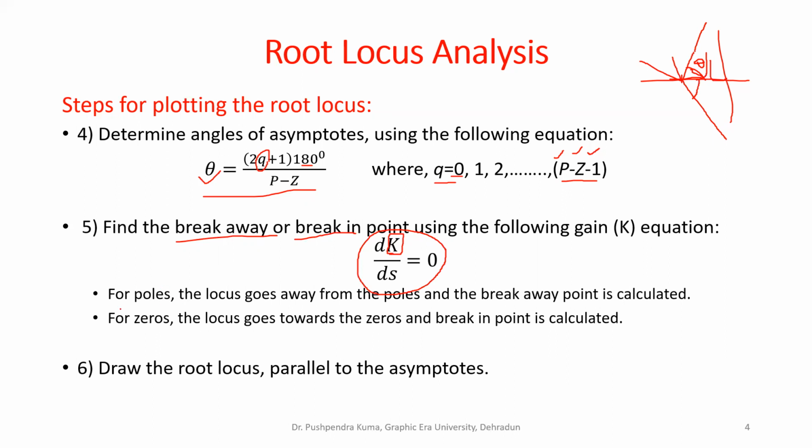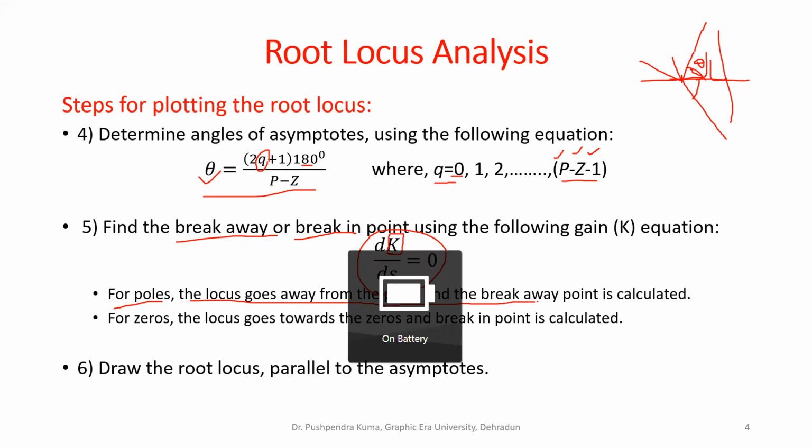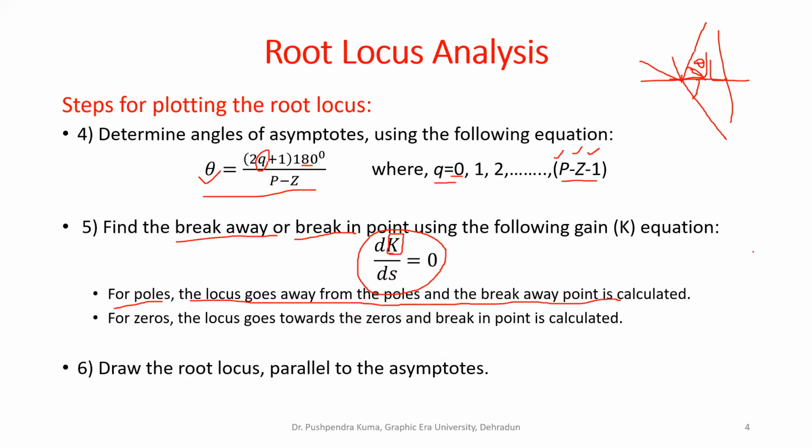How does it work? In the case of poles, the locus goes away from the poles, and the breakaway point is calculated. For example, if you have a pole, your root locus will go from the pole towards the asymptote.